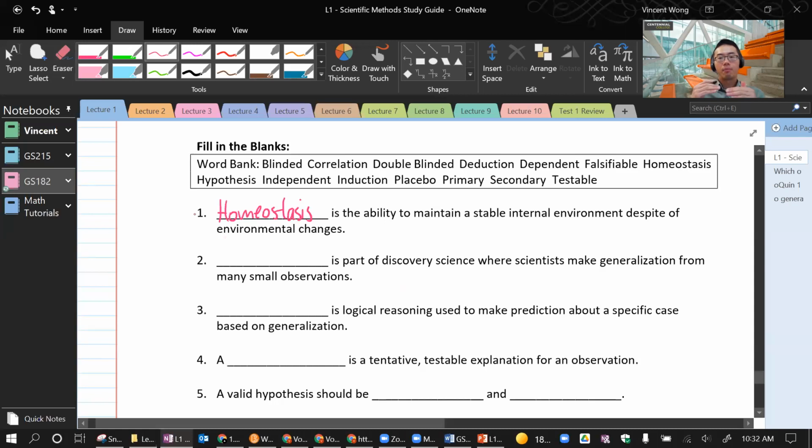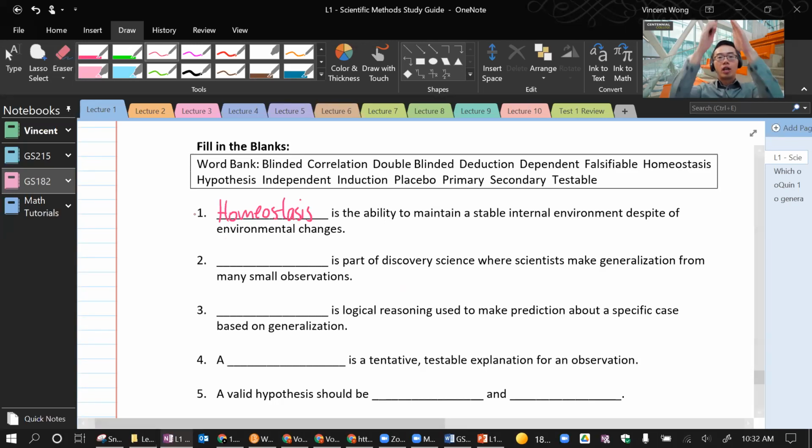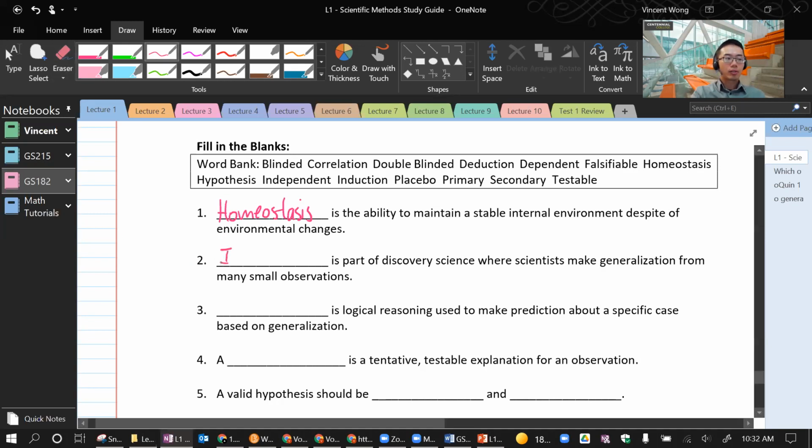So that's like going from specifics to general, and that is inductive reasoning. Okay, induction. The next one, that uses generalization to make predictions about specific cases. So start with a broad statement, and then we apply it to individual cases. That is deduction.